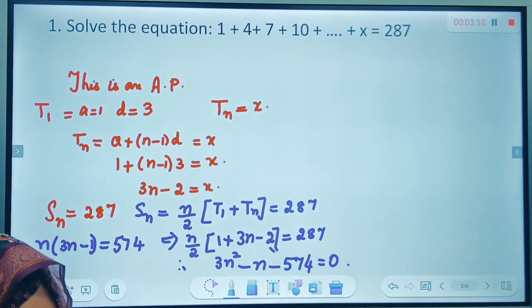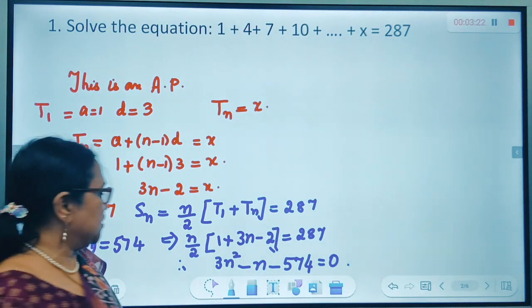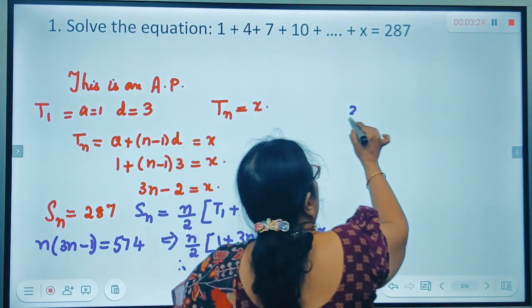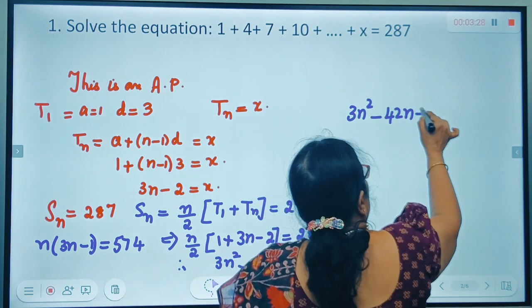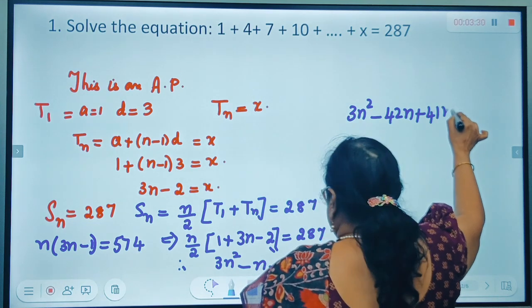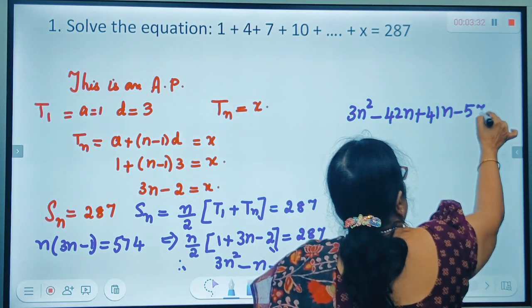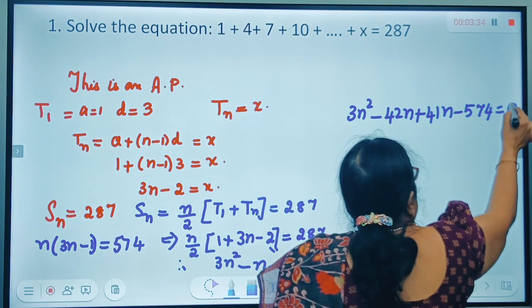I have already factorized and kept. It is minus 42 plus 41. So 3n square minus 42n plus 41n minus 574 equal to 0.